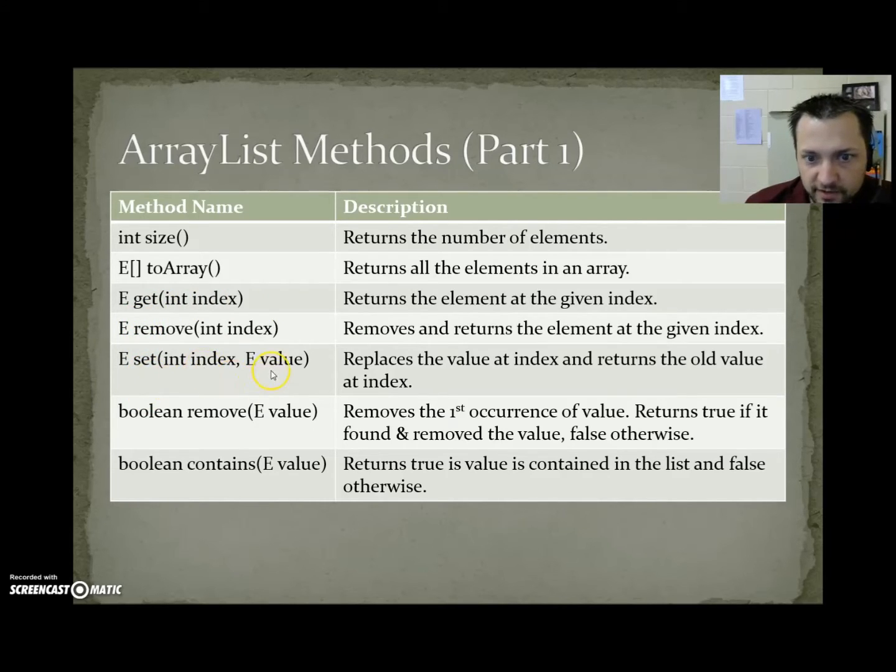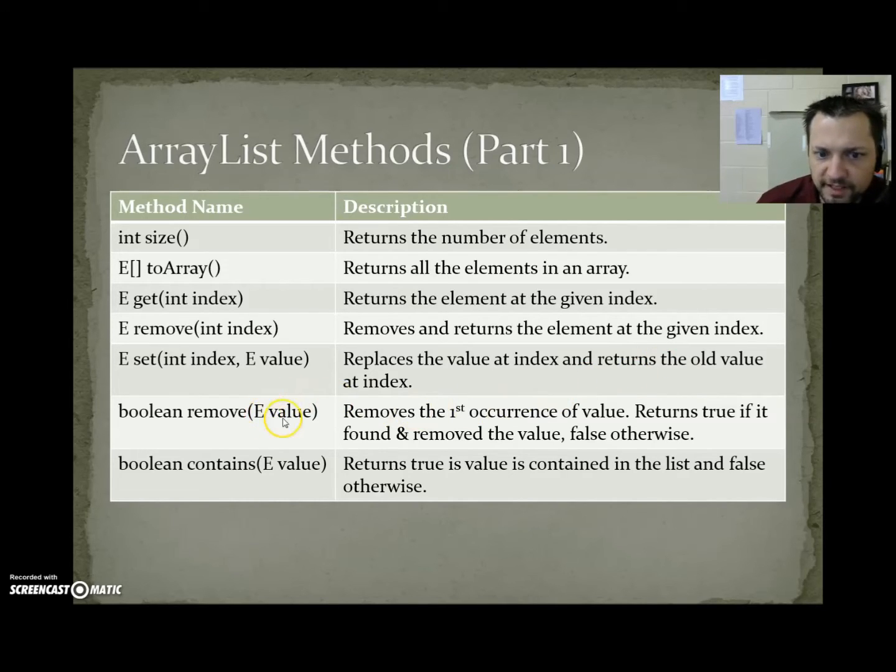You send it an index and a value. It replaces the item at the given index and returns the old value that used to be there. So if I had an array list of strings Bob, Jim, Ted, and I said set 1 to Jimbo, Jim was in the middle, and that's location 1. It would change Jim to Jimbo, and it would return Jim.